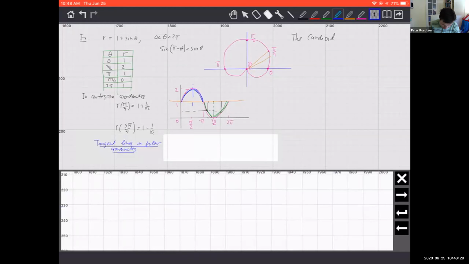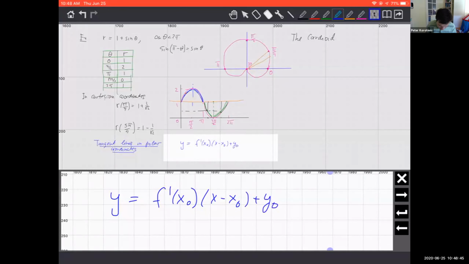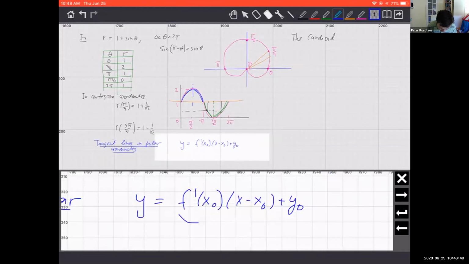So remember, a tangent line is a line which is given by the equation y is equal to f prime of x0 times (x minus x0) plus y0, where f prime of x0 is the derivative.